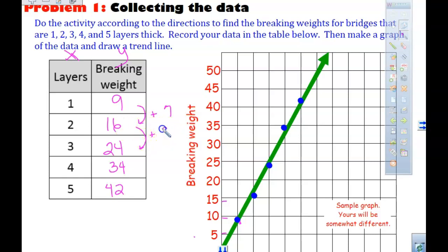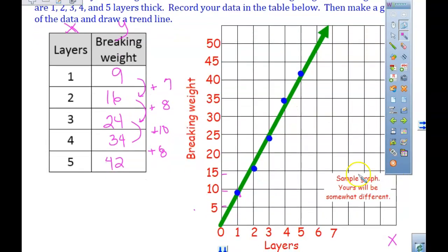I'm adding 8. 24 to 34, I'm adding 10. 34 to 42, 8. Could I find the average of those? Yes. Could I look at my graph and go, you know what? I think as I go over 1, what's my rate of change? I went up to 9, maybe 8.5, right?